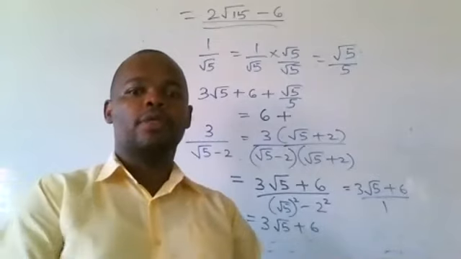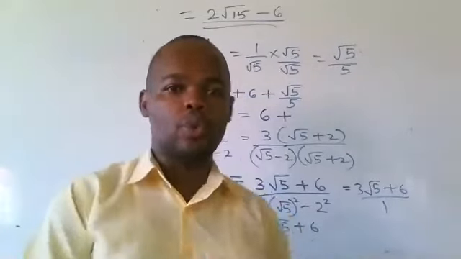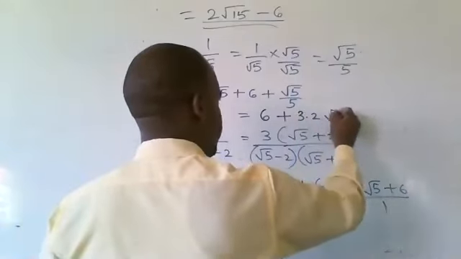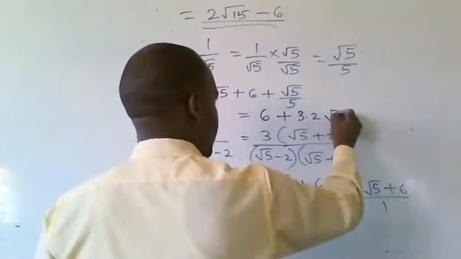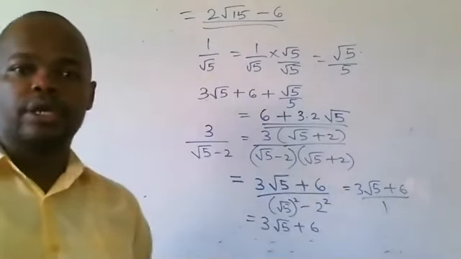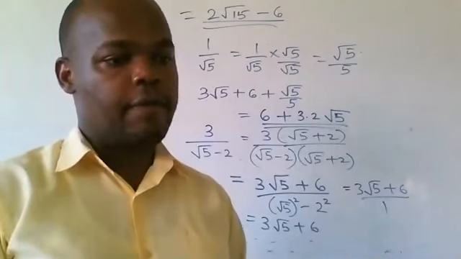And for information, 3 and 1 over 5 is actually 3.2. So it is 3.2 square root of 5. And that is the final answer. 6 plus 3.2 square root of 5.